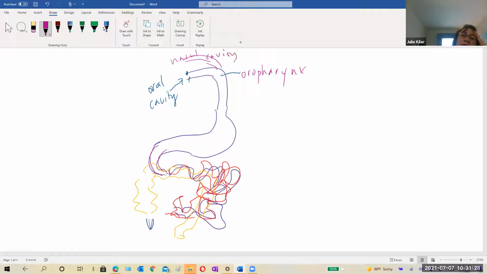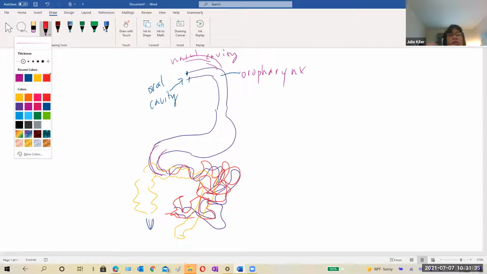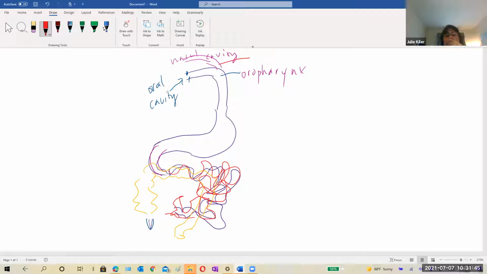So right at the posterior part of your nasal cavity, what part of pharynx do you call? So in here, what part of pharynx? What is that called? And then we have three parts of pharynx, right? Nasopharynx. Yeah, are we good?